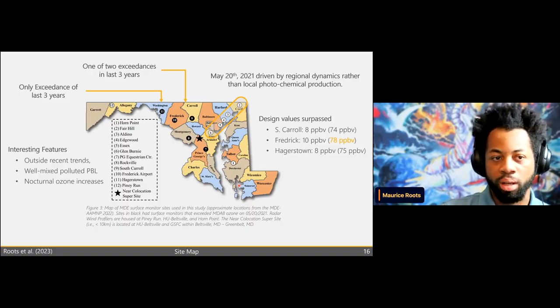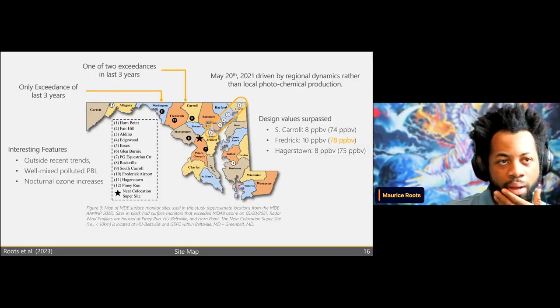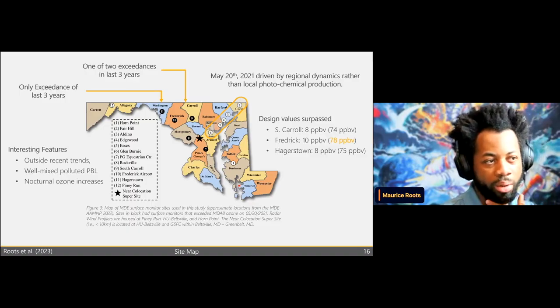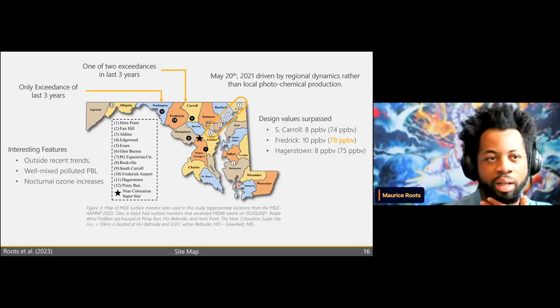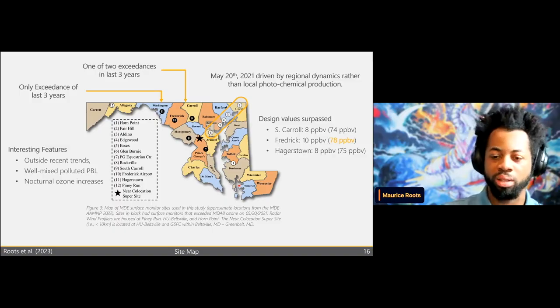New York has its own version, and of course they have more sites. It's a much bigger state, and they're also doing really well. California's got its own thing going on, but the answer is really to take more measurements, and then the other part of that is to be strategic with where you place the measurements.